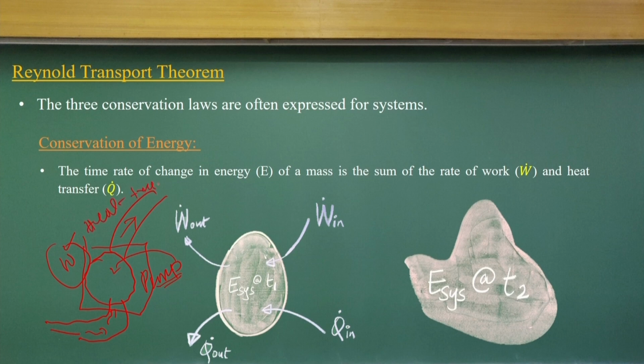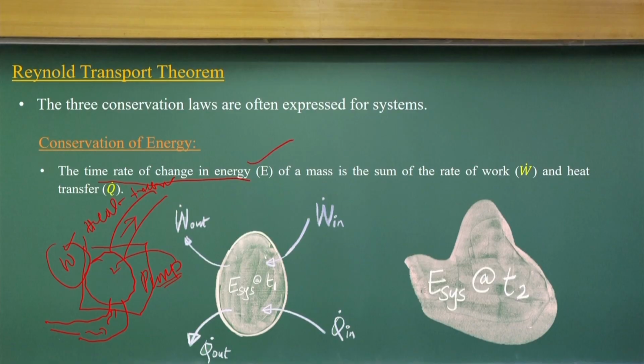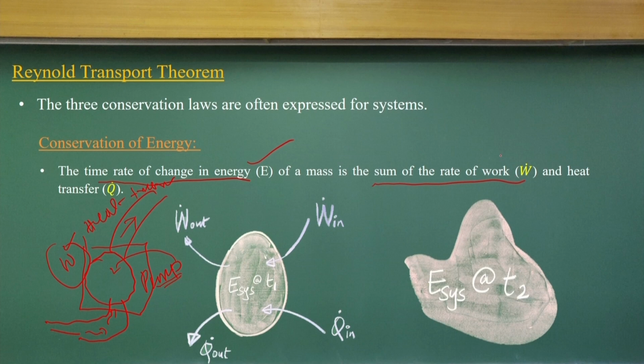For any system you consider, pump or turbine, in fluid flow systems you can say that the time rate change of the energy for a fixed mass of fluid particles is the sum of the rate of work done and the heat transfer.